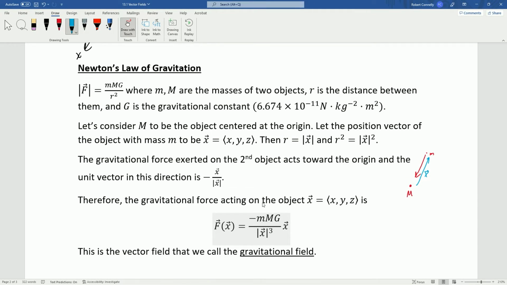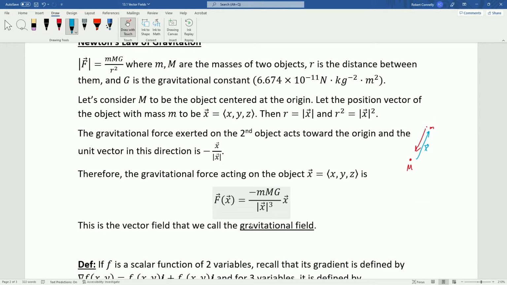Therefore, the gravitational force acting on the object is found by multiplying the magnitude of the force, which is this, times the unit vector in the direction of the force, which is this. So altogether, that gives us the gravitational field, which is the vector field F equals negative little m big M times G divided by the magnitude of x cubed times the vector x.